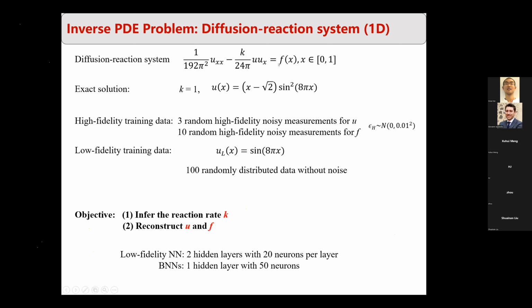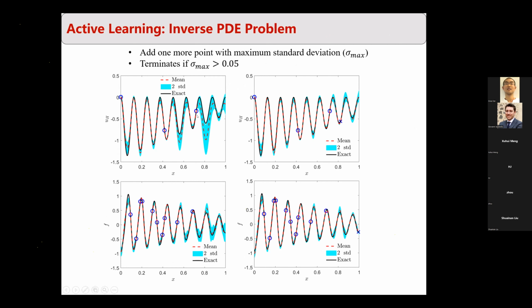We would like to infer K based on the multi-fidelity data on U here, and this is the low fidelity data. We assume that in this case we have 3 random high fidelity noisy measurements for U and 10 random high fidelity noisy measurements for F. So this is the prediction from the multi-fidelity BPINN.